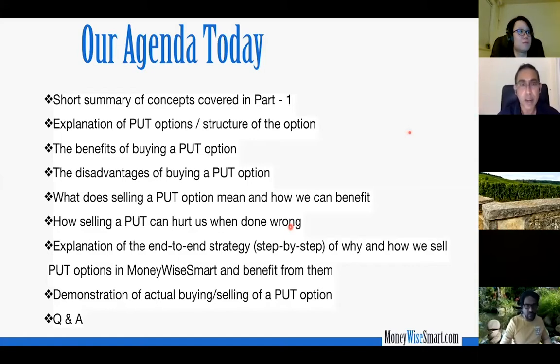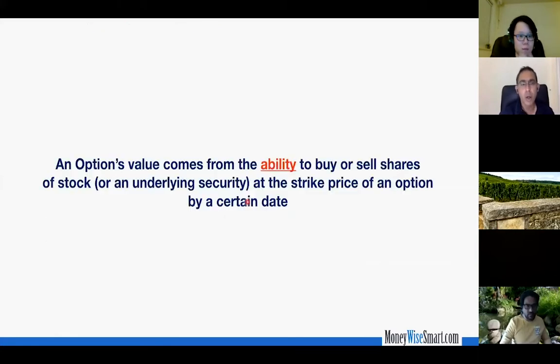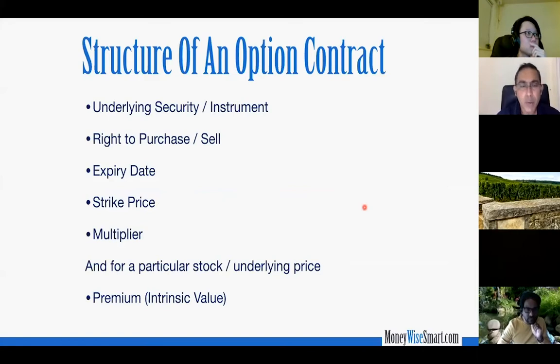Anyway, let's dive in. The value of an option comes from the ability to buy or sell shares of stock at the strike price of an option by a certain date. We already discussed this. In part 1, we saw that all options have an underlying security or instrument.